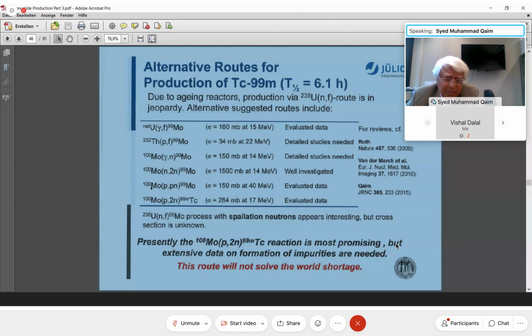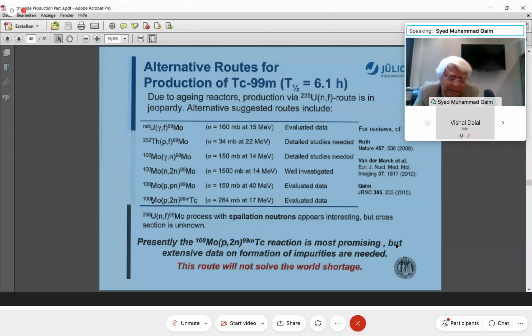In both cases, the specific activity is low. A lot of molybdenum remains on the target, on the column, so the separation is not so proper.